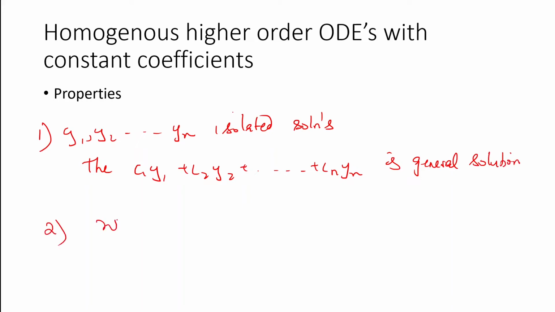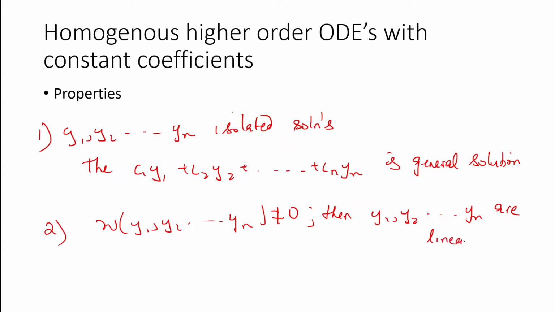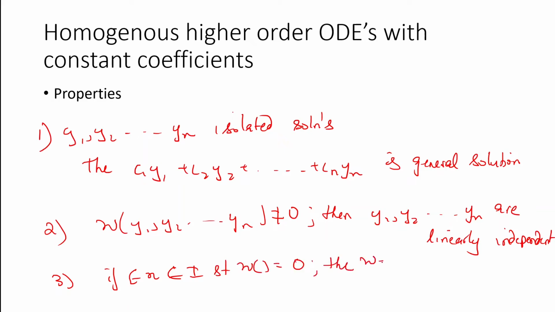Second property, if the Wronskian of some n functions is not equal to 0, then these n functions are linearly independent. Third property, if there exists x belonging to I such that the Wronskian is equal to 0, then the Wronskian is equal to 0 for all x belonging to I.